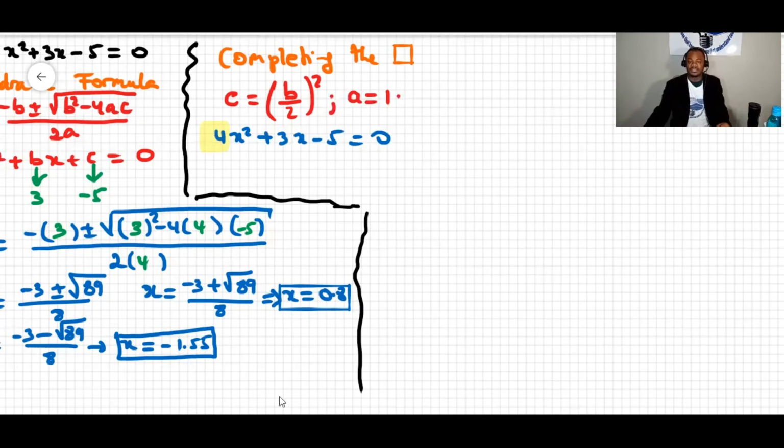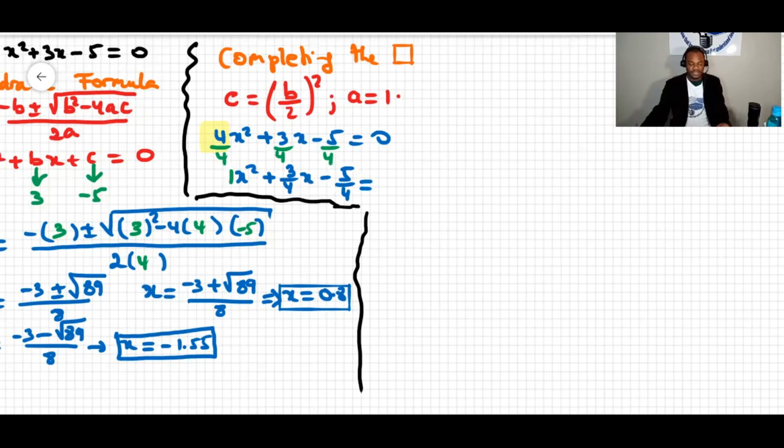If we divide the whole equation by 4, then the equation will become x squared plus 3/4 x minus 5 over 4. Now we can see that the leading coefficient, the coefficient of x squared, is just 1.